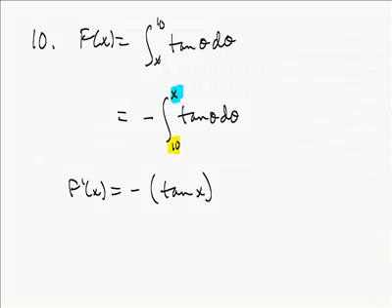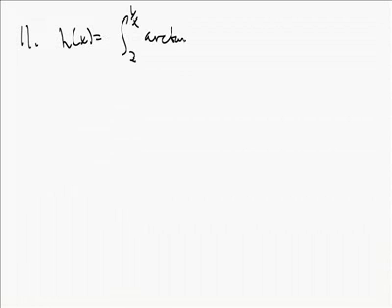Now, there is a situation where you have to do a little bit more than just the fundamental theorem of calculus, and that is when the top limit of integration is not just in terms of x. For example, number 11, where you have the function h of x equal to the integral from 2 to 1 over x of the arctangent of t dt. Here we're going to have to do a chain rule.